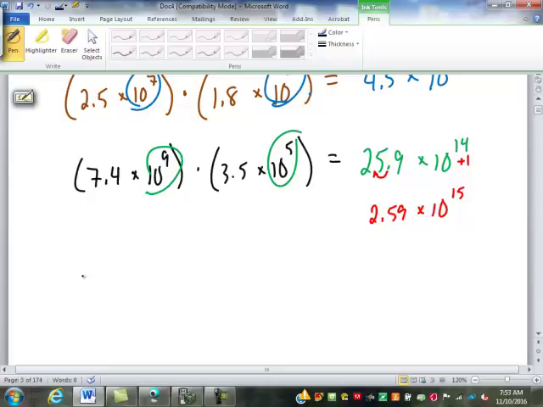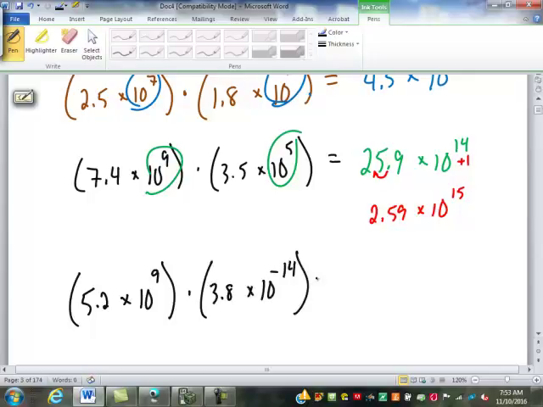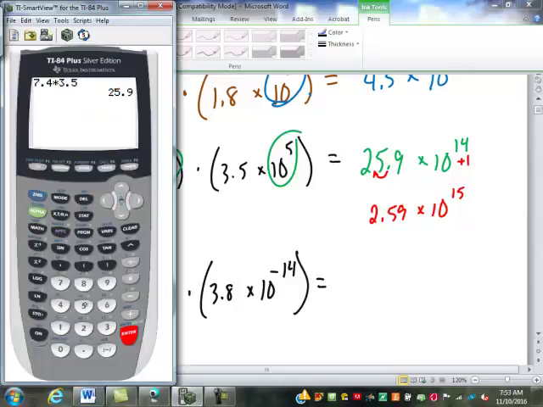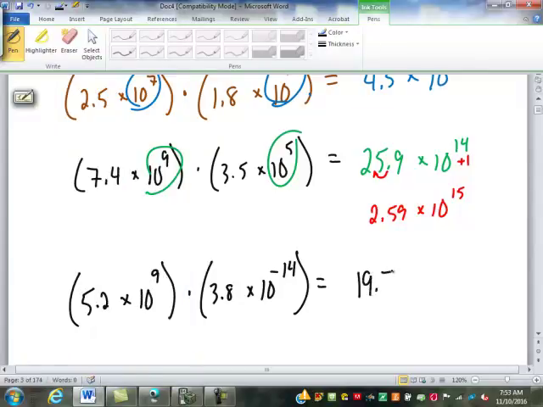It can become interesting when we start mixing in the negatives because we can have a mix of powers here. So we might have 5.2 times 10 to the 9th times 3.8 times 10 to the negative 14th. So 5.2 times 3.8, 19.76 times 10 to the, we have 9 and negative 14 is going to make negative 5.